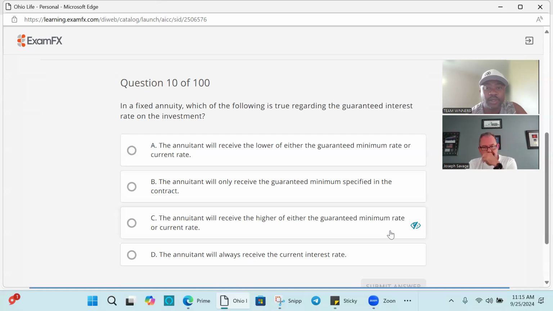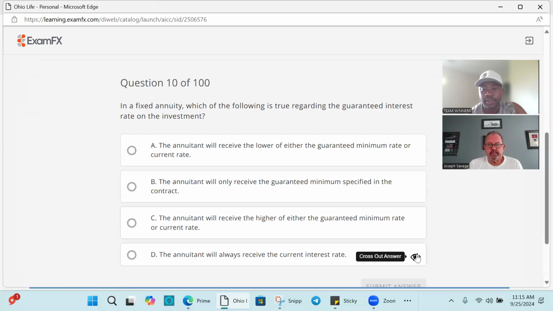The annuitant will receive the higher of either guaranteed minimum rate or current rate. The annuitant will always receive the current interest rate. But we're talking about a fixed annuity.